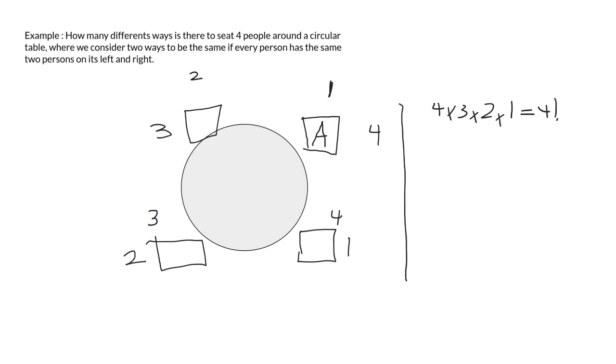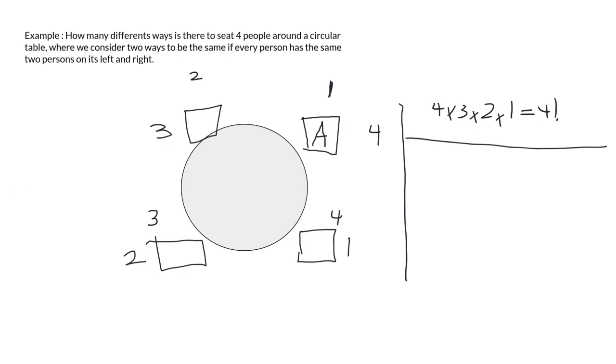But observe that not all of these correspond to different seatings by the definition. Because if we had started with something else, it doesn't matter if you start with A, or you start with B, or you start with C, or you start with D in the first one, you will get the same circular ordering of people around the table, right?